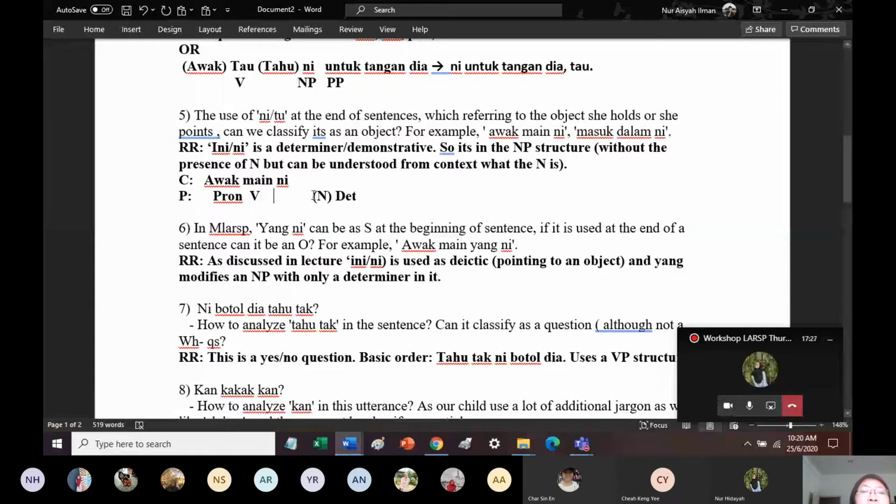I can also put optional that, optional and that, macam tu. Then it makes sense to you to put it as a noun phrase kan.